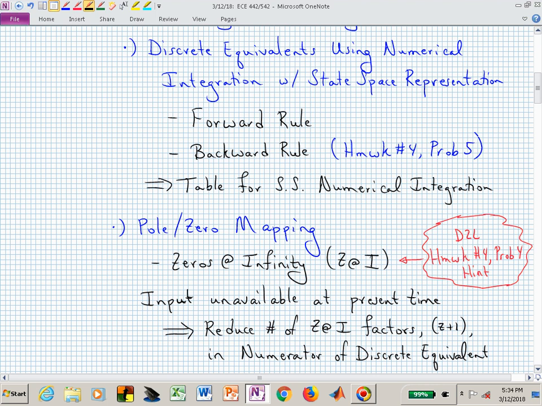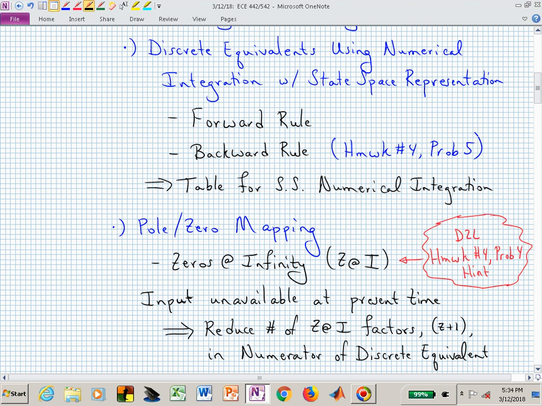go through pole zero mapping a little more carefully than before the break, and we'll also talk about zeros at infinity. I sent you an email giving you a few pages as a hint as to why, if you're mapping the zeros at infinity to these numerator factors, z plus 1, in the discrete equivalent, mine does not give exactly the same thing as MATLAB.